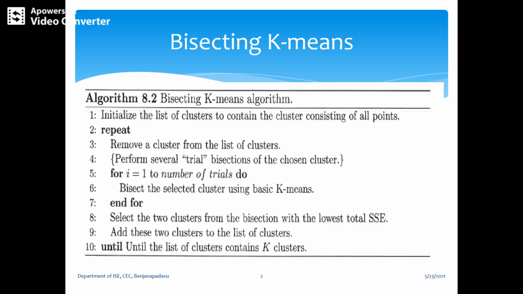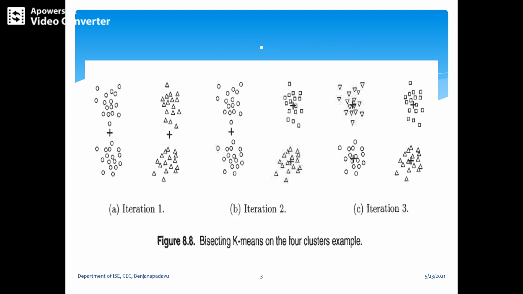An example of bisecting k-means and initialization will illustrate that bisecting k-means is less susceptible to initialization problems. We take it in the next figure. In this figure, bisecting k-means on a four cluster example, iterations 1, 2, 3.